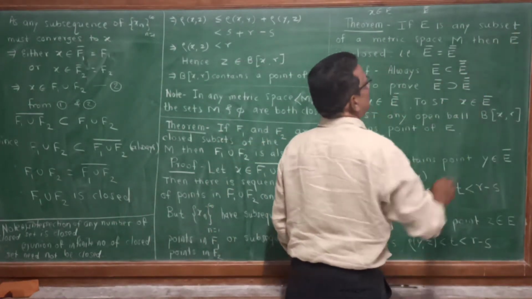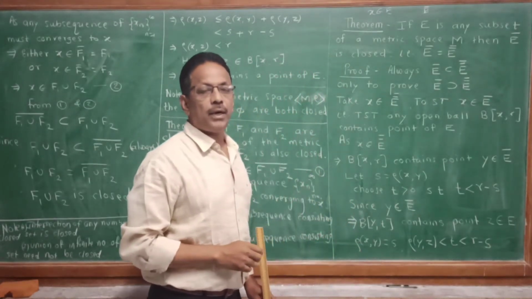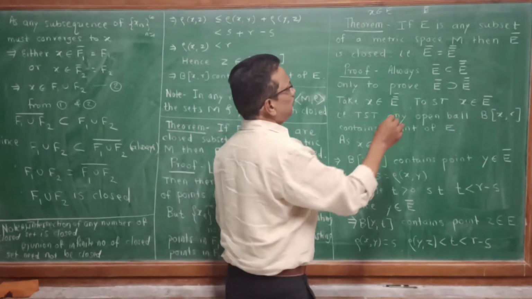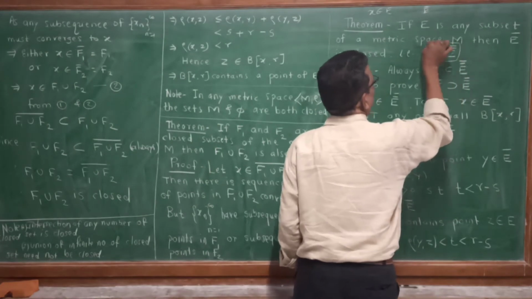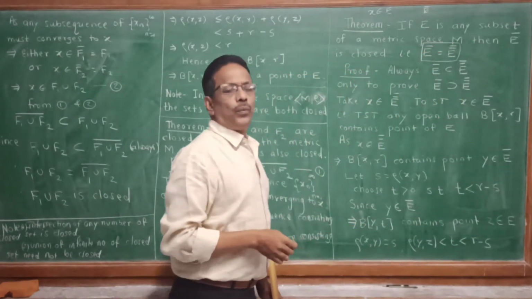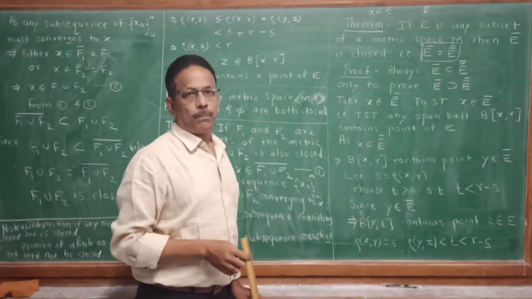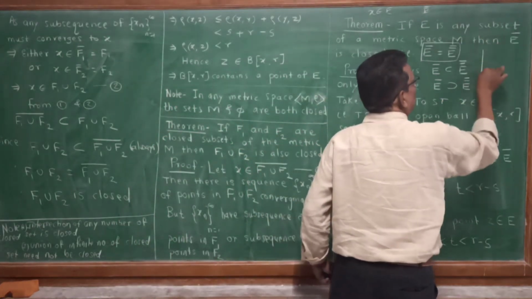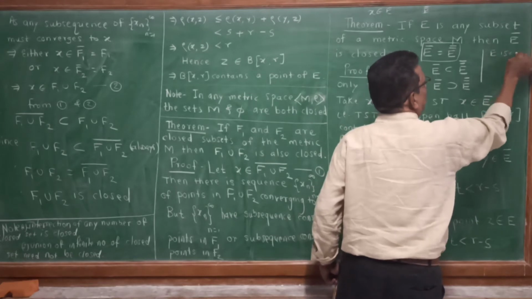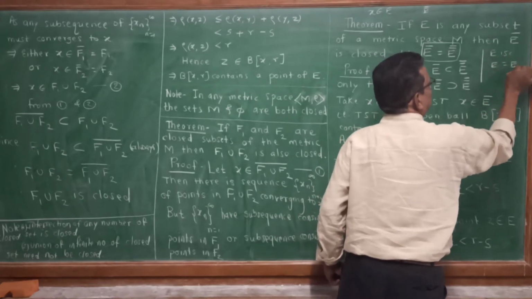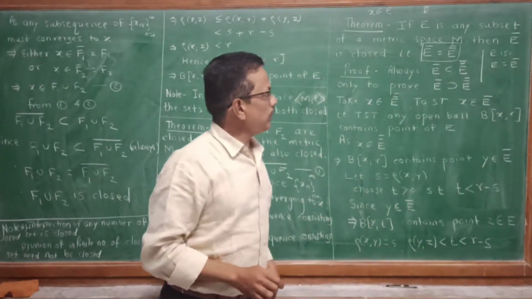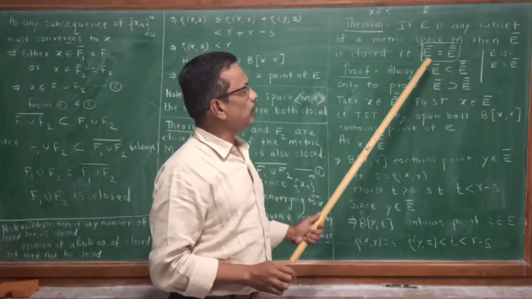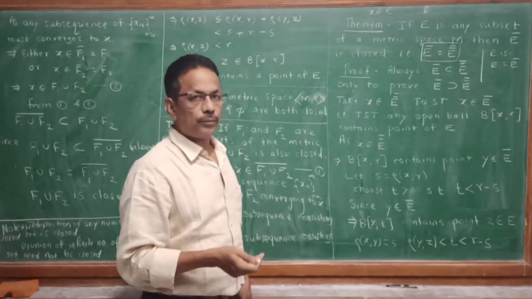That is, symbolically, we write E bar is equal to E double bar. Because when we say that E is closed, it means that E is equal to E bar. Here we say that E bar is closed, therefore we write E bar is equal to E double bar.